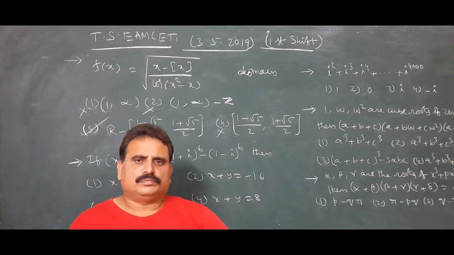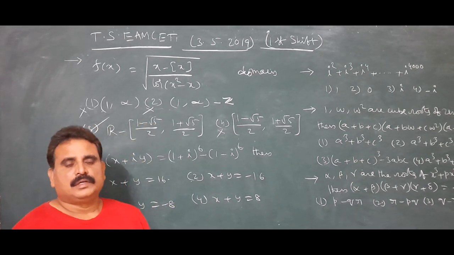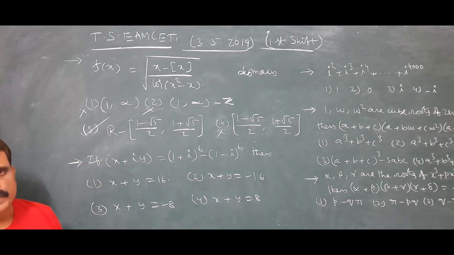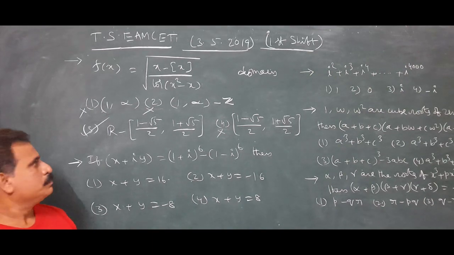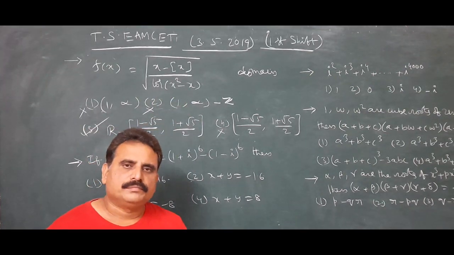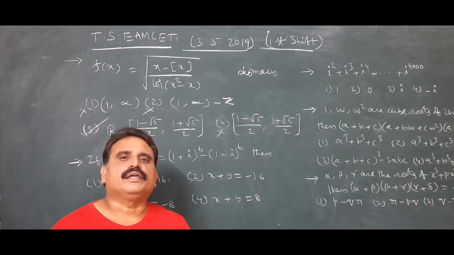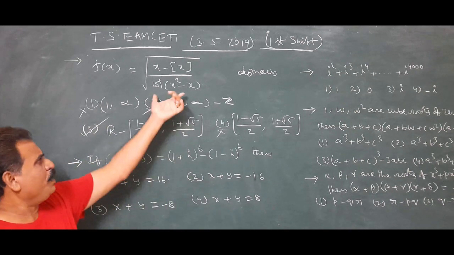Here, how to solve this question? That is also important. You have to learn that. Every time this type of solution is not possible. How to solve this? x square minus x must be greater than or equal to 1? No, because it is in the denominator.